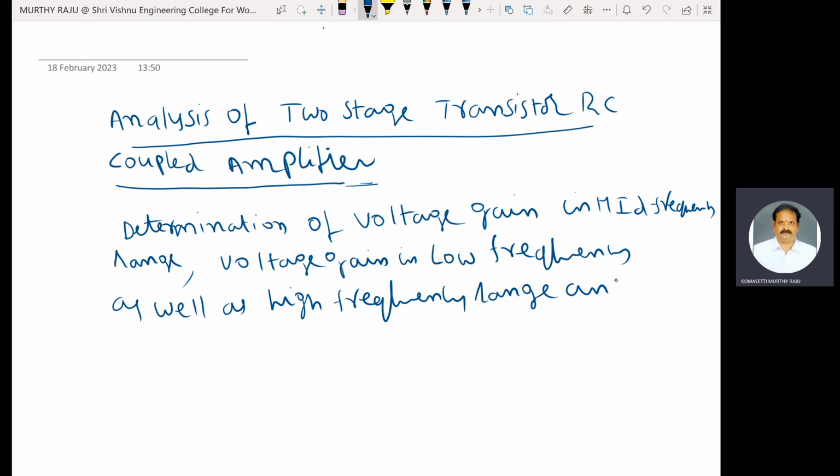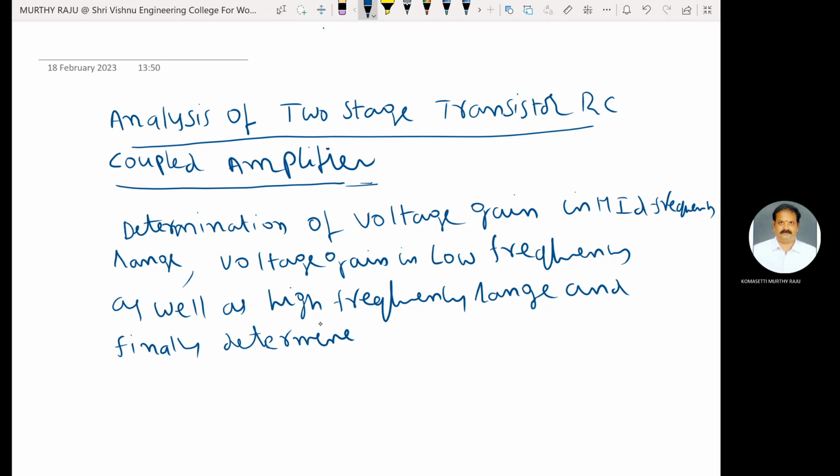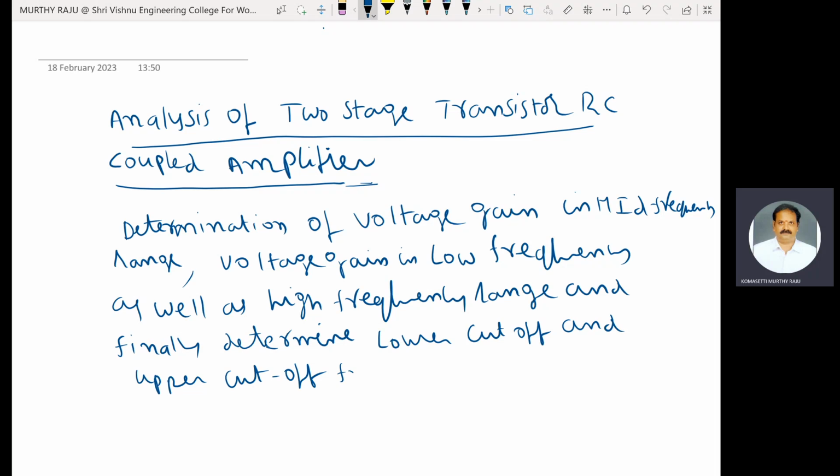And finally, determine the lower cutoff frequency and the upper cutoff frequency.